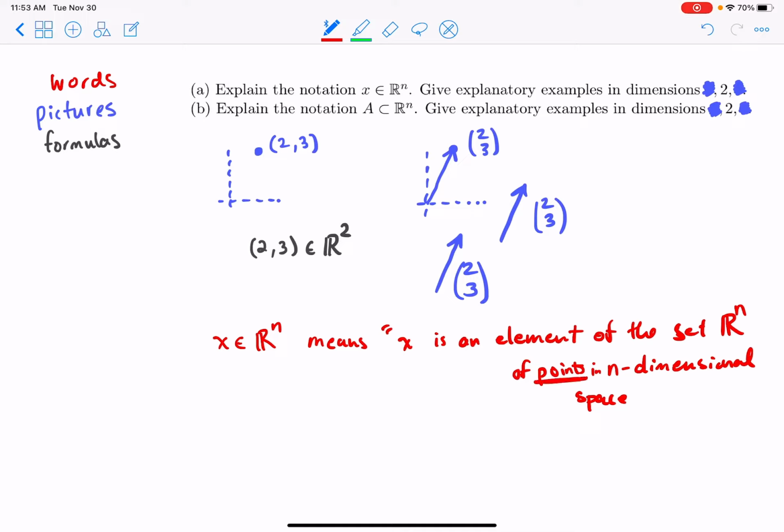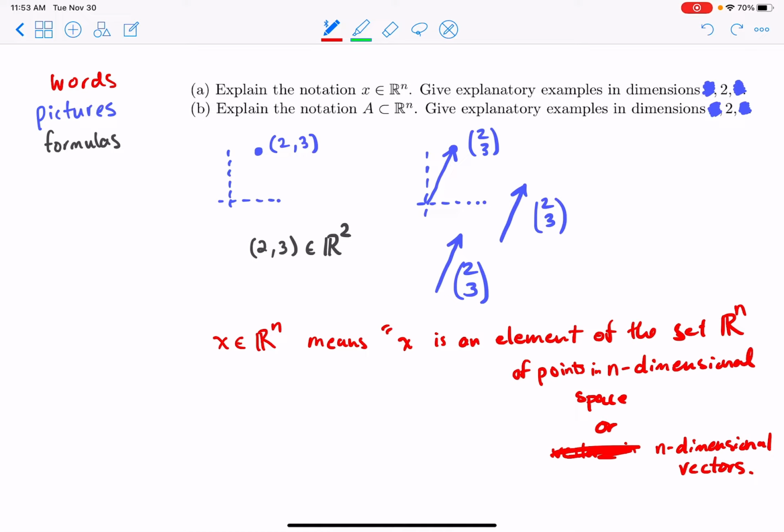So points is the word we use when we're thinking like this. Points in n-dimensional space, or vectors, or really we could say n-dimensional vectors. And we'd say this when we're thinking of the arrow.